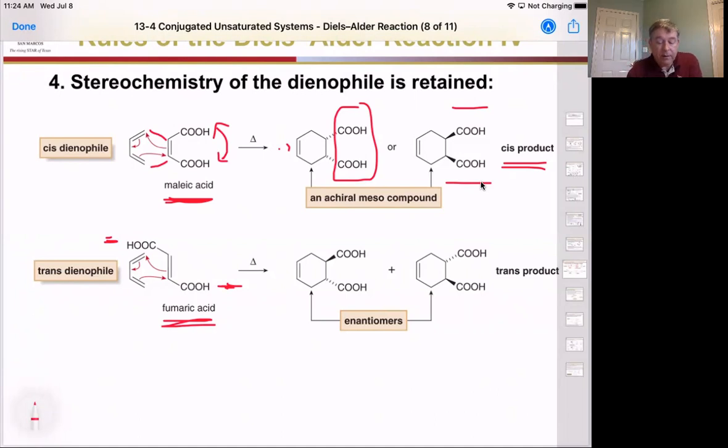Now, if they have the trans configuration on the dienophile, that means they are still going to be opposite each other, and we're going to get enantiomers because they're going to be on opposite sides of the ring from each other, not the same side, and therefore they're going to be retaining that trans configuration in the final product as well.